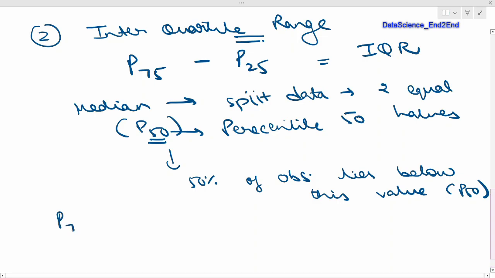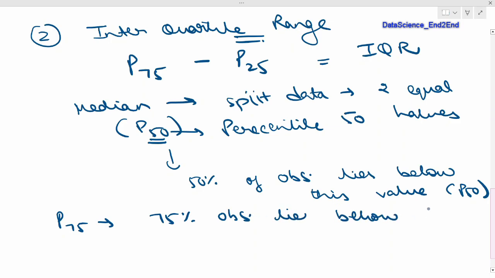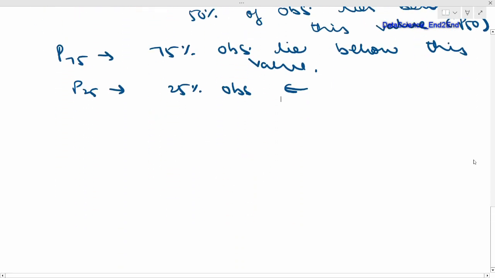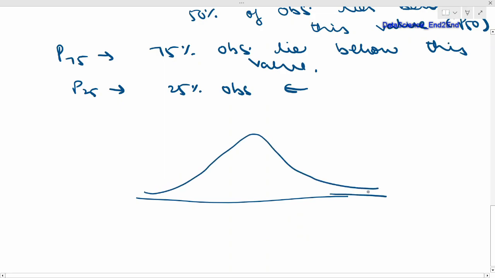Similarly, P75 will tell you 75% of observations lie below this value. And P25 tells you that 25% of observations lie below this P25 value. Now suppose you have a distribution. This is your P25, and below this, 25% of observations are located.